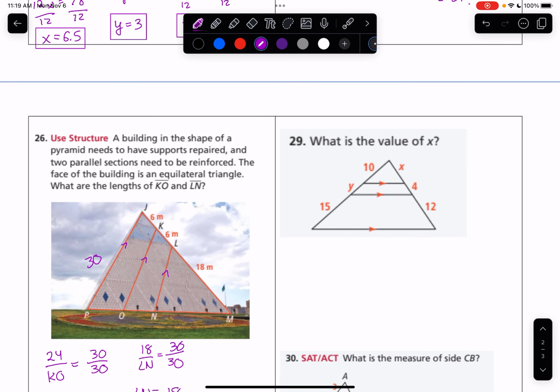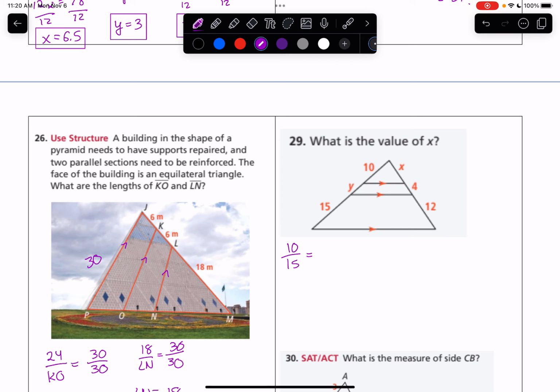29, what is the value of x? We can use our side splitter theorem a number of different ways here. We don't have to use full side lengths. We can pick x and 10, skip over this middle where we don't have any information, and then use 12 and 15. And that's totally fine. So if I'm taking my left sides, I can say 10 over 15 just fine.